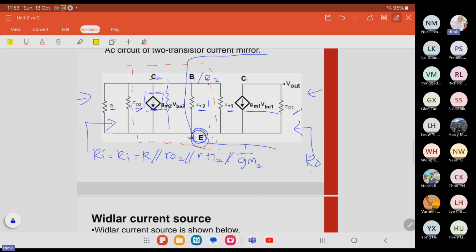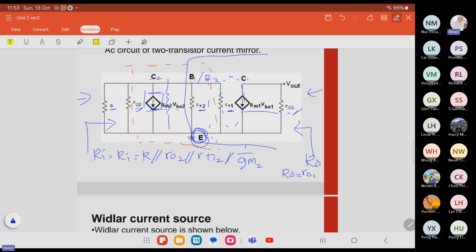And for R out, the output resistance is equal to small r naught 1, because at this area it is open circuit.